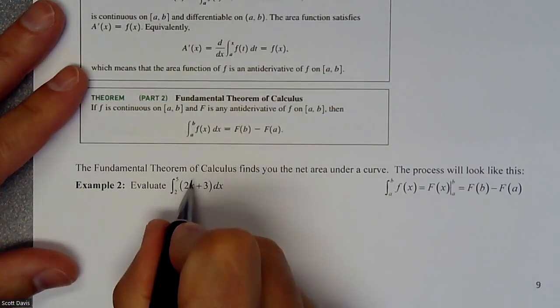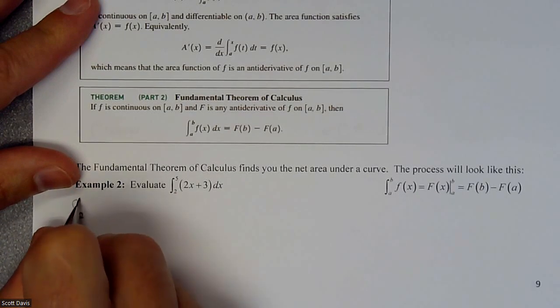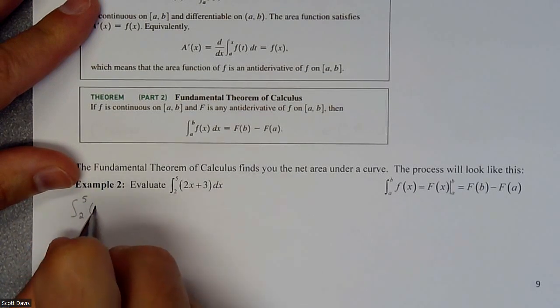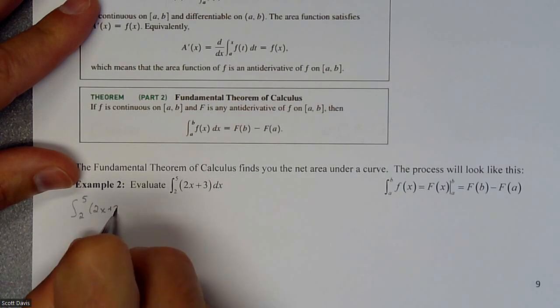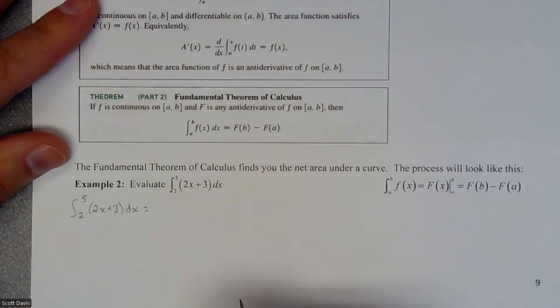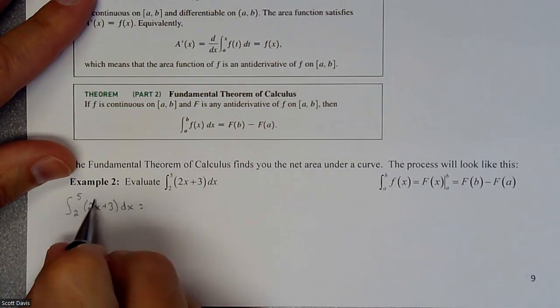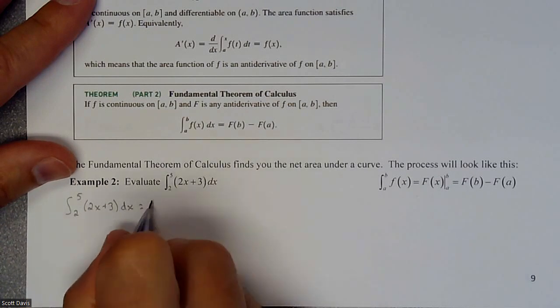To do the calculus on this, we are going to do the integral from 2 to 5 of 2x plus 3 dx. We're about to do the antiderivative. Our antiderivative is going to be: we add a power and divide by that power.